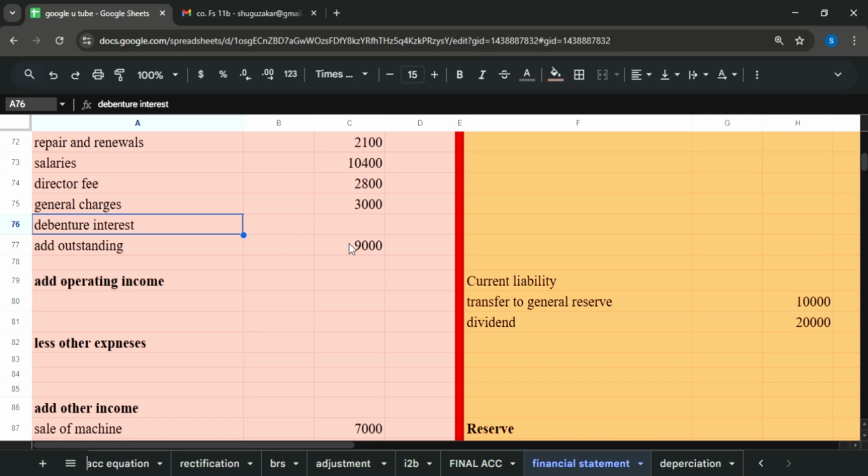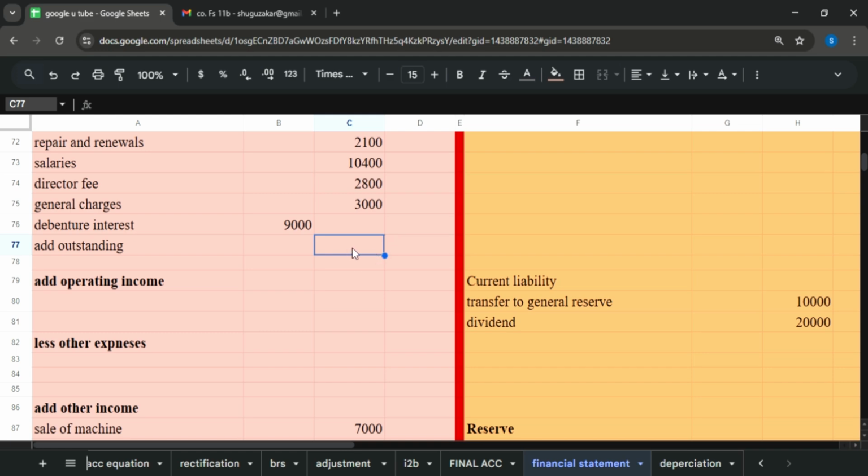Rather than I have written percentage directly outside. Look at here, 9000 would be posted over here, and here we are going to write the percentage. I have not written any amount in front of outstanding. No amount is mentioned outside.